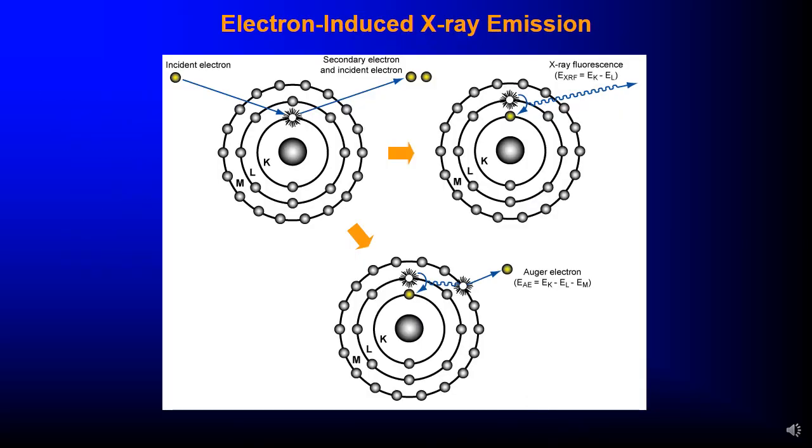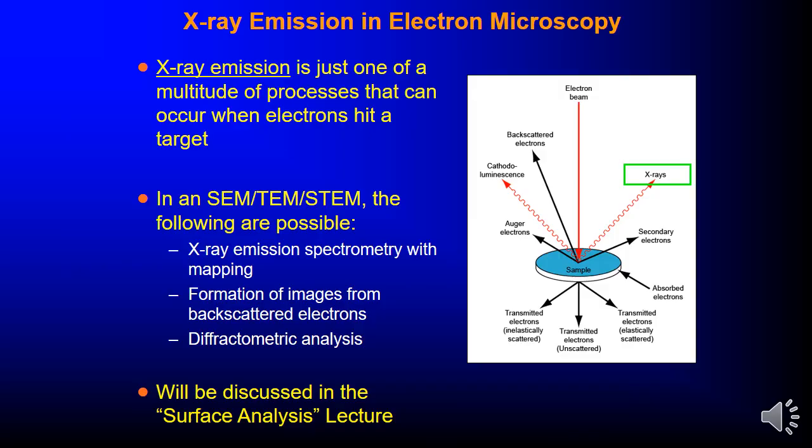So you can see the same situation that we've been talking about over and over. Now these are some of the terms that are used so much in electron microscopy. X-ray emission is just one of a multitude of processes that can occur when electrons hit a target.